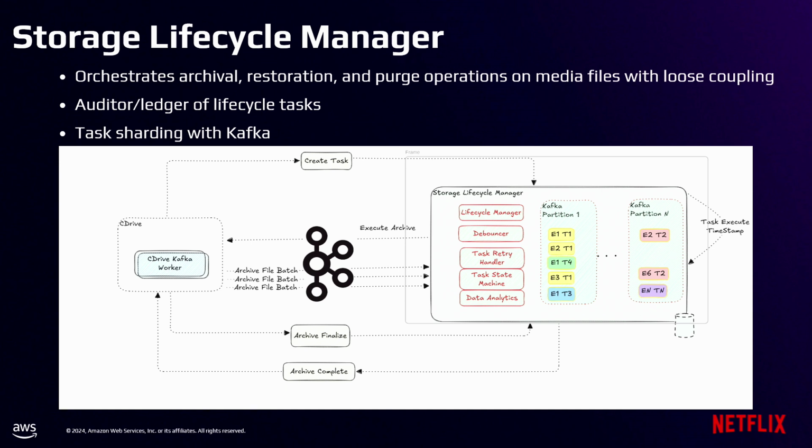And while multiple nodes may be available for processing, any specific asset is owned by exactly one node at a time. This critical affinity is built using Kafka's built-in partition assignment. This sharding approach solves two critical problems for us.